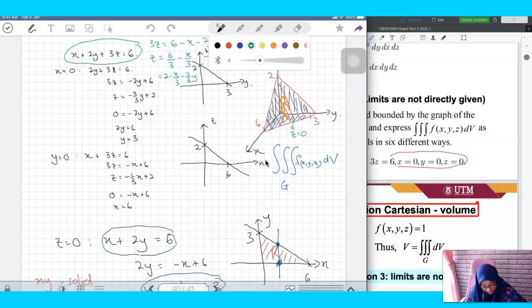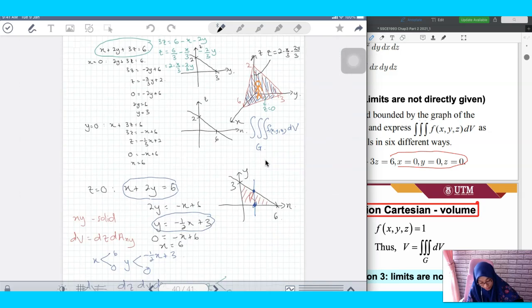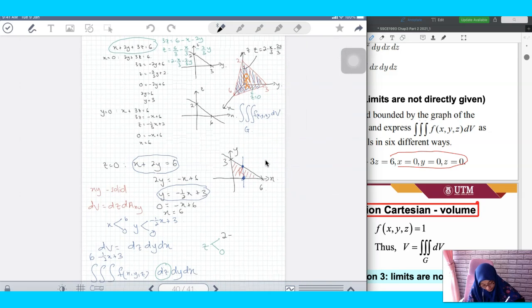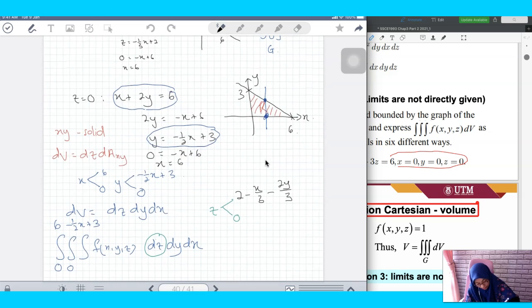The surface which is covering you is z equal to 2 minus x over 3 minus 2y over 3. So you can substitute into here: your lower bound 0, and your upper bound 2 minus x over 3 minus 2y over 3.